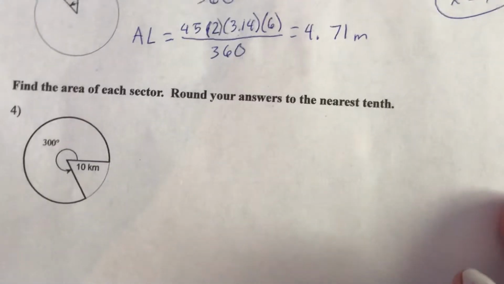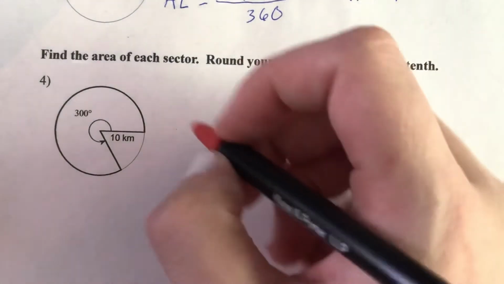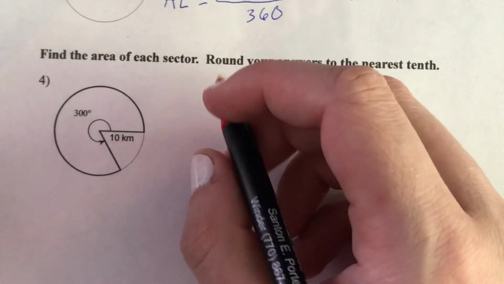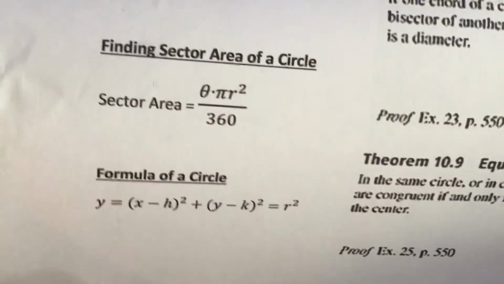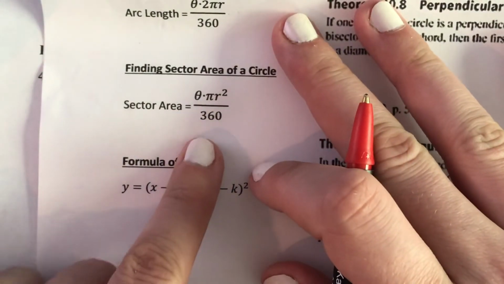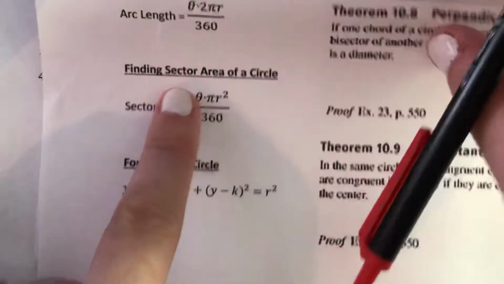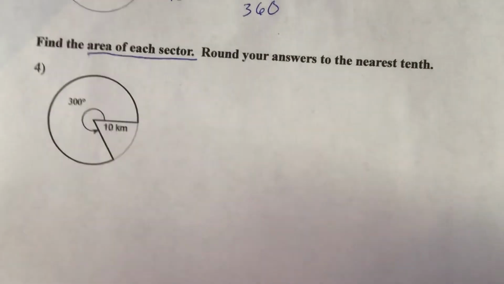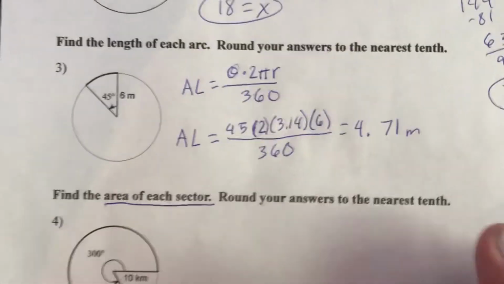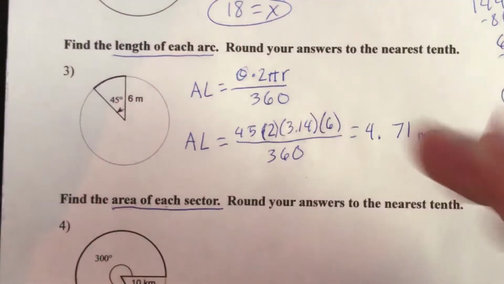Then the last one is area of a sector. So for sector area, I'm going to go back to my formula sheet. I'm just going to fold it over a little bit so you can see it. But this is my sector area. So same thing, but this time we're using pi r squared. So make sure when you're reading the question, you read what it's asking for, because I could find arc length and sector area for either one of these, but just make sure you're paying attention to what it's looking for.